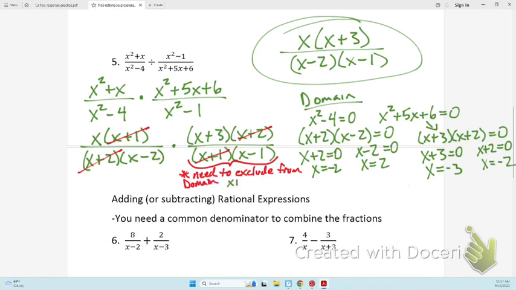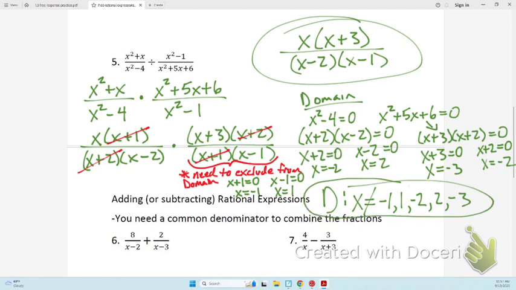So that means x can't be negative 1 or positive 1. So final answer, domain is all real numbers except negative 1, positive 1, negative 2, positive 2, and negative 3.